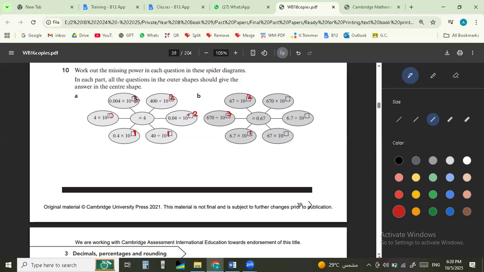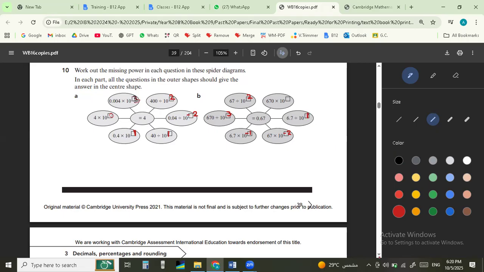So here I need to move it 1 digit to the left in multiplication, then it is negative 1, 10 to the power of negative 1. Here I need to move it 2 digits to the left, so I need this to be negative 2 because it's multiplication. Here I need it 1 digit to the left, so it's 10 to the power of 1.